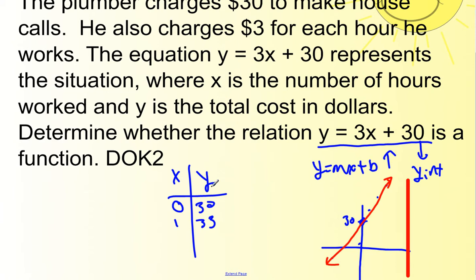The graph shows more information, better information, as far as determining if something is a function or not. With only picking, say 4 points, maybe go -1, which would be 27, and -2, which would be 24. Okay, well, out of these 4 points, it shows that it is a function.